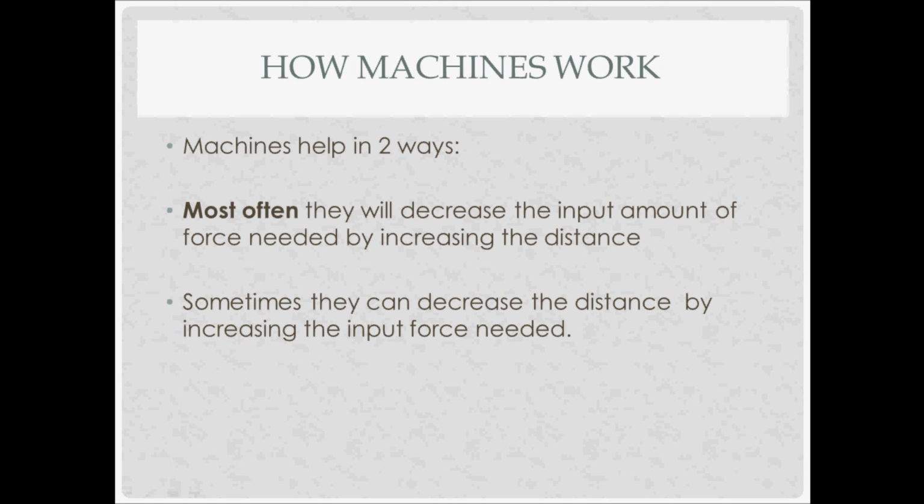Another thing they sometimes do, but typically this isn't as useful, is decrease the distance that you have to move an object by increasing the force you have to apply. This usually isn't that useful because oftentimes you use machines with things that are too heavy for you to move, so if you require even more force to move it, it's not going to work. So most often they decrease the input amount of force that you have to apply.